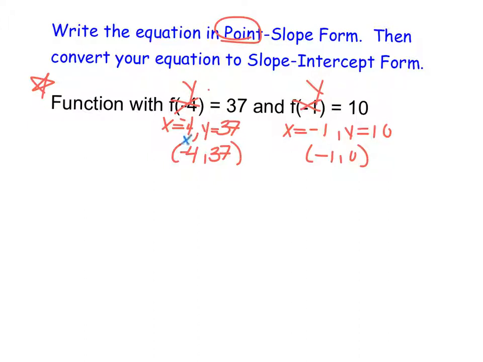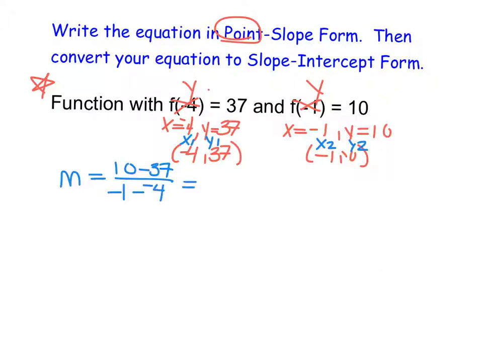So I'm going to label this as x1, y1, x2, y2. Sorry, my handwriting got a bit bad there. It should be a 10. And then from here, we're going to find our slope. So remember, slope is y2, which is 10, minus y1, which I can see here is 37, over x2 minus x1.